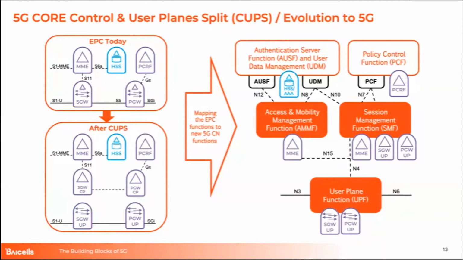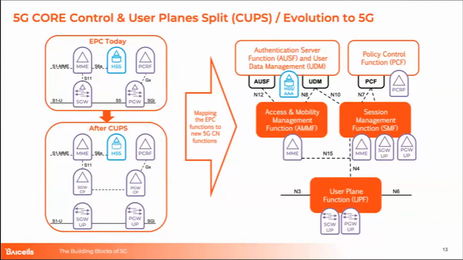The user plane is right here, and it's called UPF, the user plane function. It consists of the signaling gateway and the packet gateway user planes out of the 4G LTE technology. So these 2 functions are combined to make the 5G UPF.